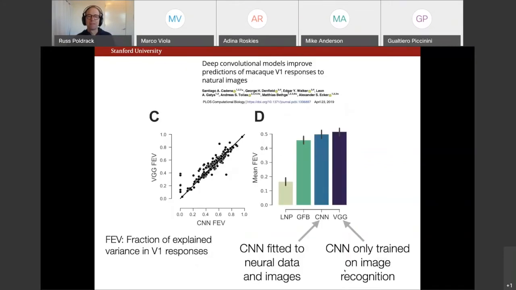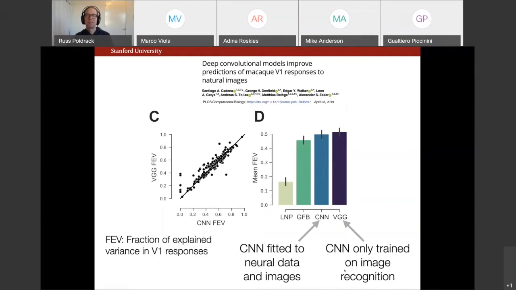And this is some cool work from Ecker's group and Andreas Tolias. You can show that a network that was only trained to do object recognition can fit and predict neural data just as well as a network that was actually trained to predict neural data.